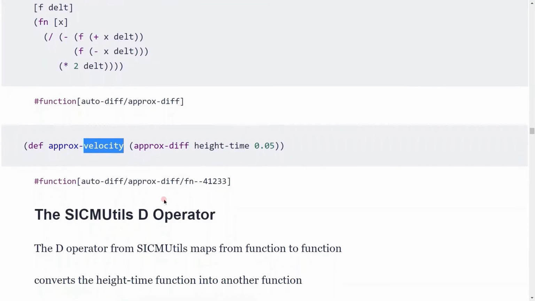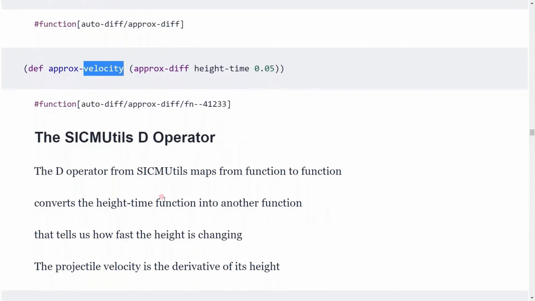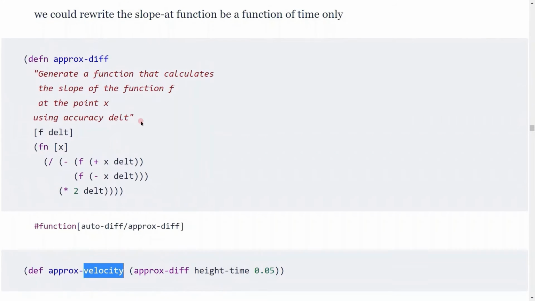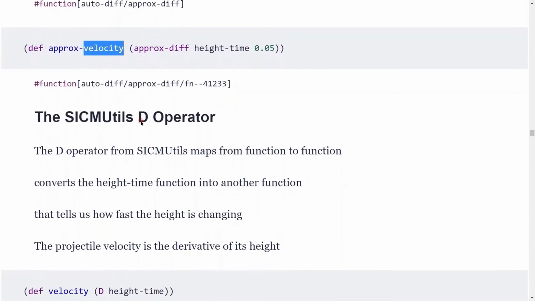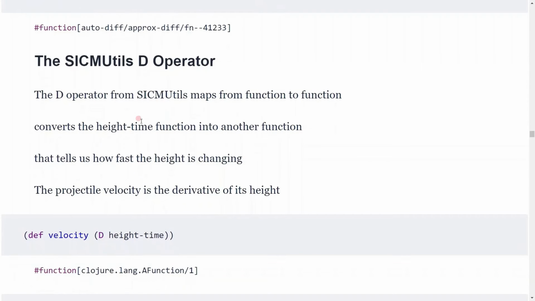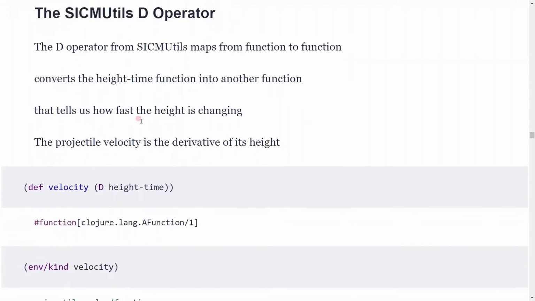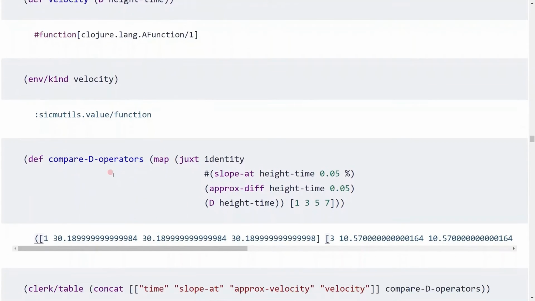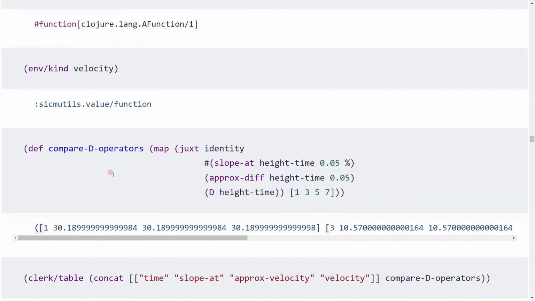Let's try the D operator from the SICMUtils library. The D operator is similar to the approximative function, but it is not an approximation. It is an exact transformation of the height function into a velocity function. And we can write a small function to compare all the three approaches we have looked at so far: the slope at method, our approximative function, and the D operator from SICMUtils.